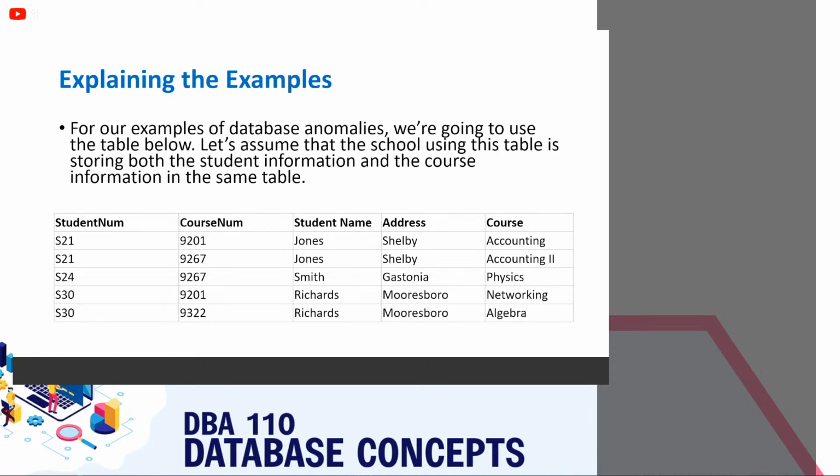Course number in this case is a transitive dependency, because the course has a number and the student has a course, but the student does not have a course number. Again, we'll talk more about what all that means when we get there. Address would likewise be transitively dependent, because the student has the address, but the course does not have the address.